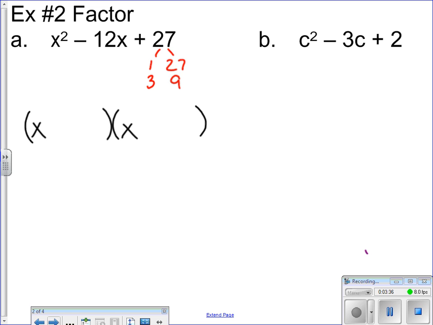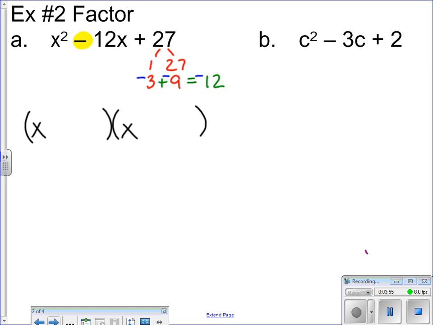Now 3 plus 9 does equal 12. However, if you look, it's negative 12. So to make the 12 negative, the 3 would have to be negative, and so would the 9.